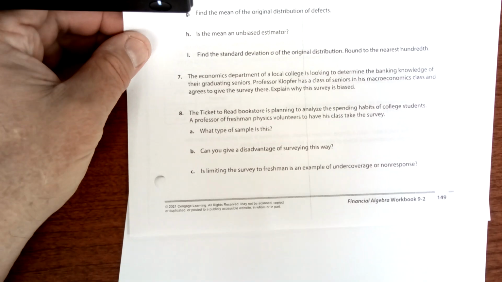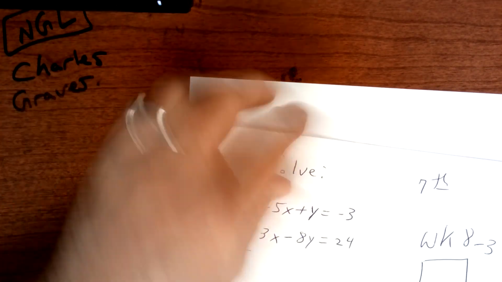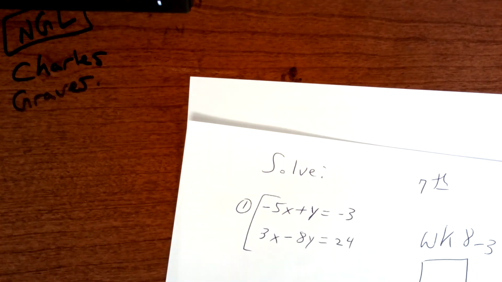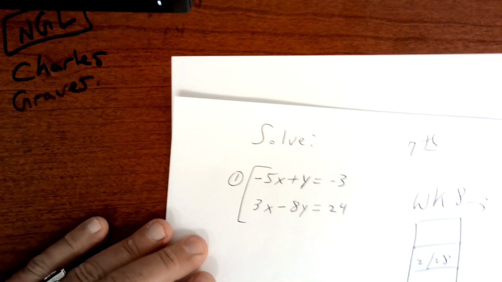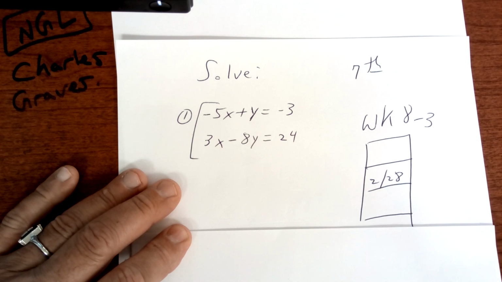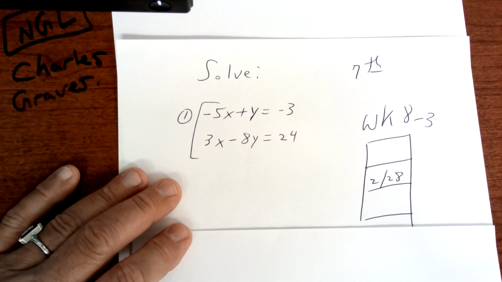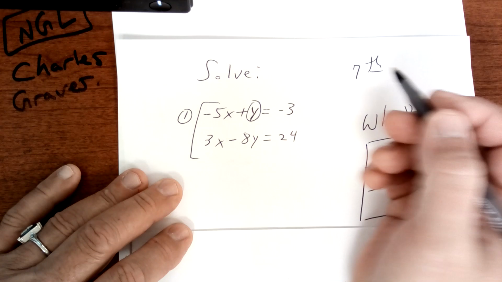Okay, let's turn our attention now to 7th period. In 7th period, we're going to be doing substitution here. Okay, so let's take a look. To do substitution, I would solve this equation for y and move the 5x over here.